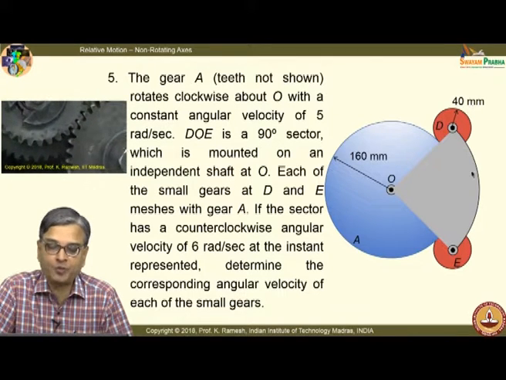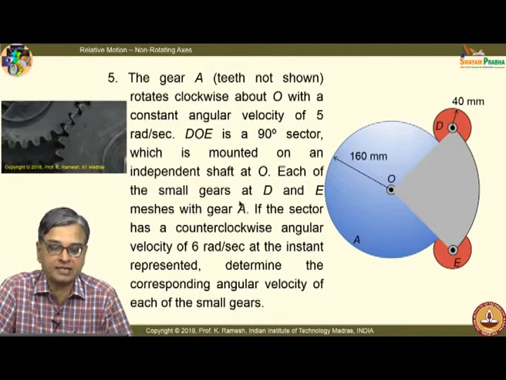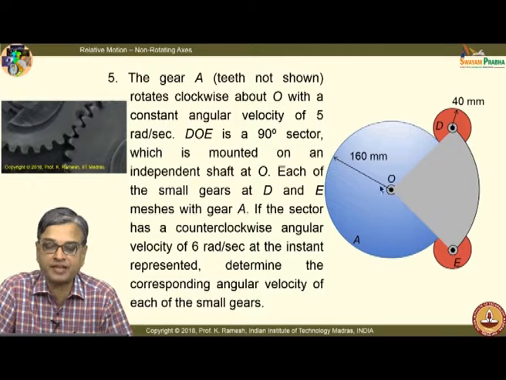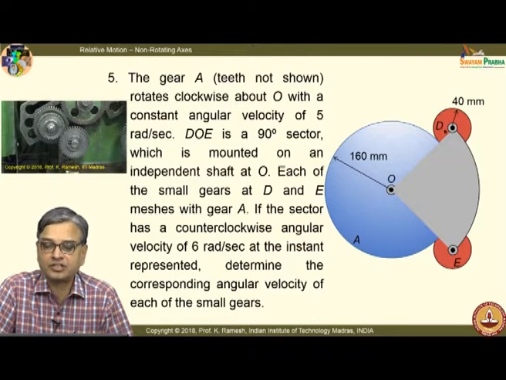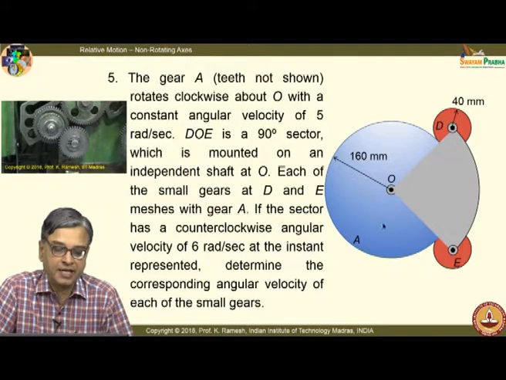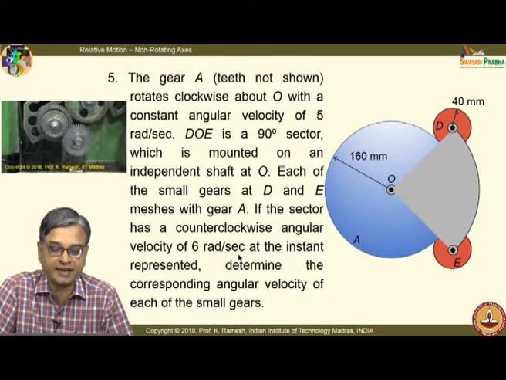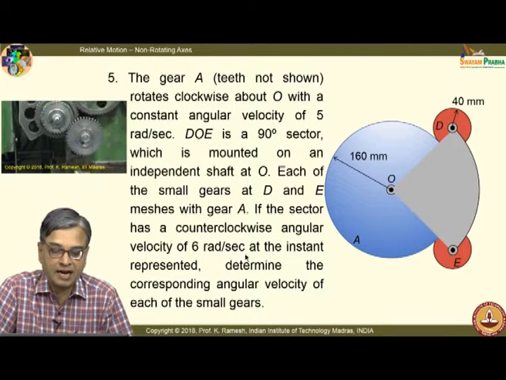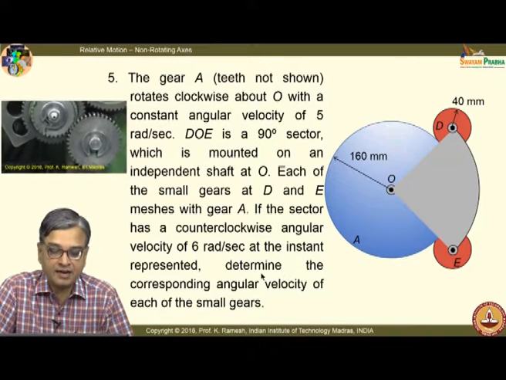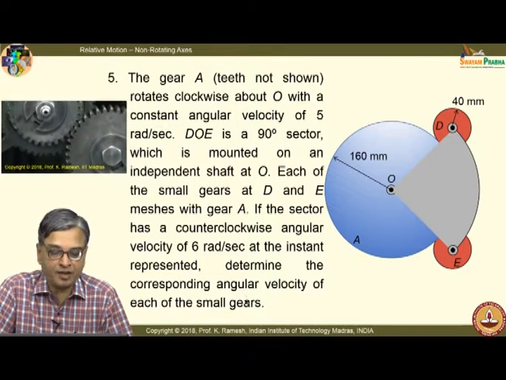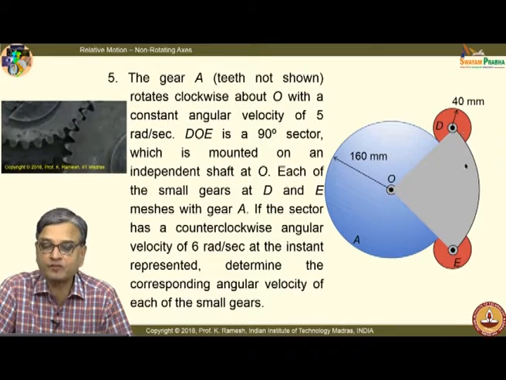And you have two small gears, each of the small gears at D and E meshes with gear A. See, such aspects are required in some of the gearboxes. Okay. We are analyzing only a portion of a gearbox. If the sector has a counterclockwise angular velocity of 6 radians per second, at the instant represented, determine the corresponding angular velocity of each of the smaller gears.